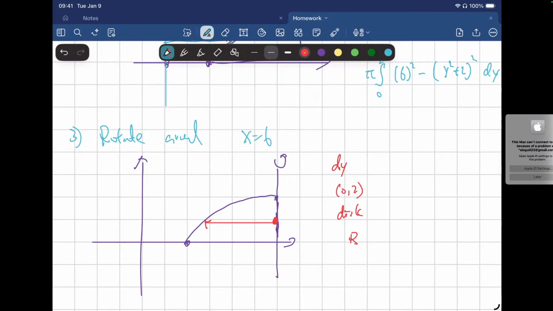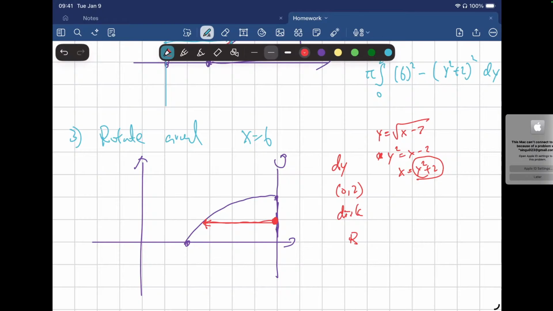That's why I asked you to draw from the axis of rotation to here. Now remember, it was dy, right? So we had to solve for it. So y equal to the square root of x minus 2, so y squared equal to x minus 2, so x equal to y squared plus 2. So y squared plus 2 is a function.